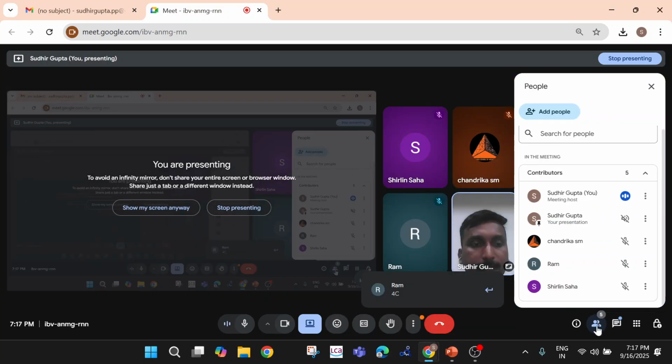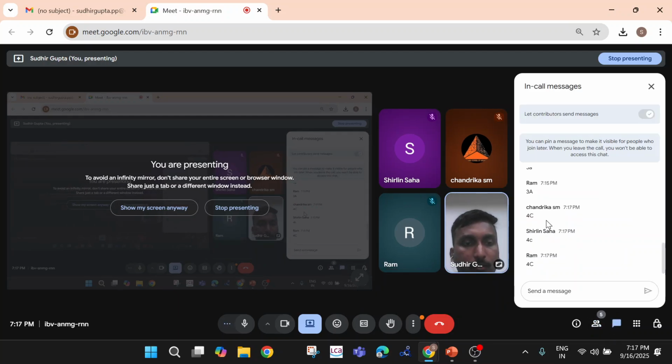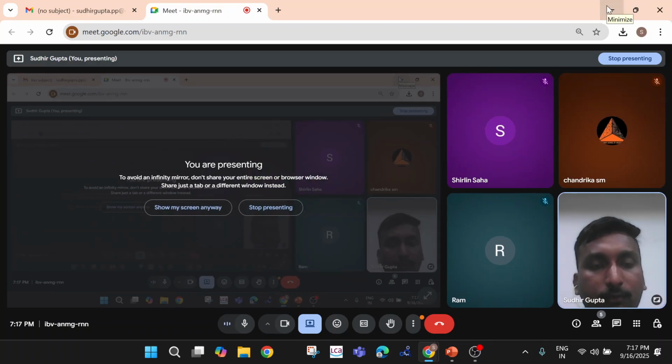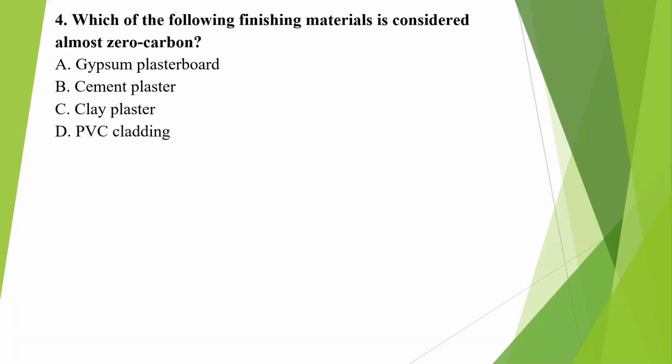As I can see, for question number 4, all of you have marked option C as the correct answer. Whoever has marked option C is absolutely correct.